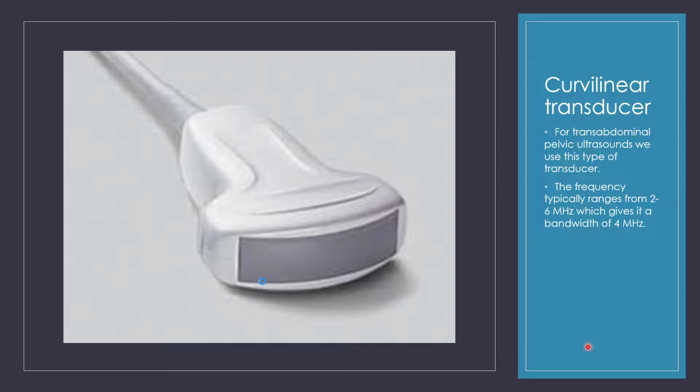The frequency on one of these curvilinear transducers typically ranges from 2 to 6 megahertz. For patients that are a little bit larger, you'll want to use a lower frequency. If they're a little bit skinnier, you can use the higher frequency to get a better image quality.